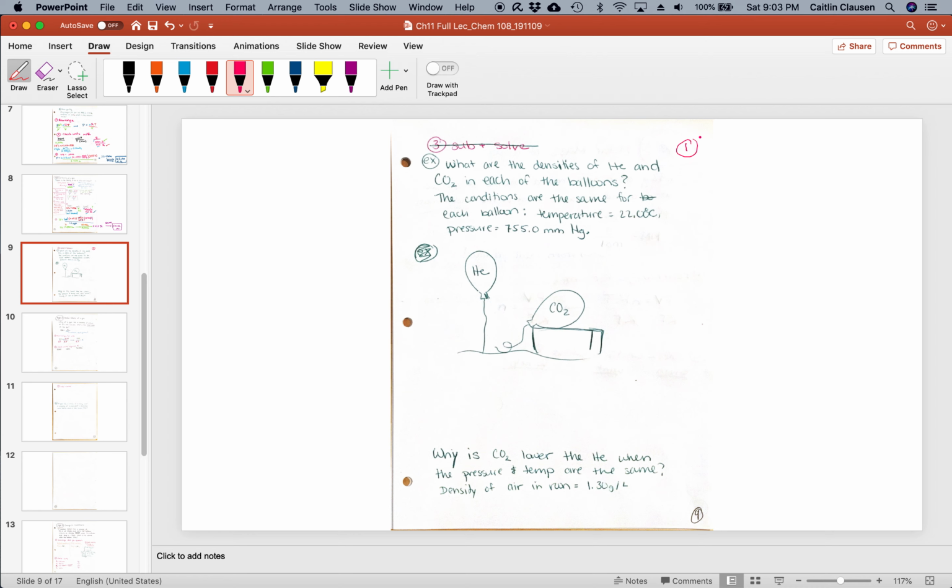So step 1, rearrange the gas equation. So again, we want density, which is mass over volume. And the volume is what comes from the rearranged gas law equation.